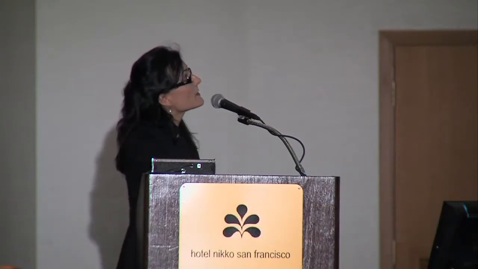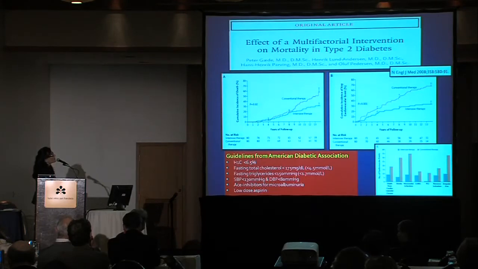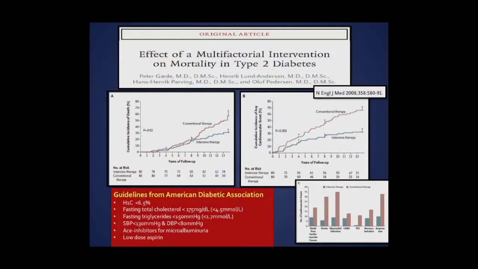Do we have some evidence that intensive therapy would help? There is, but it's controversial. This is a study in 2008 that took 160 patients and provided multifactorial intervention in patients with type 2 diabetes. They based their treatment on the American Diabetic recommendations.